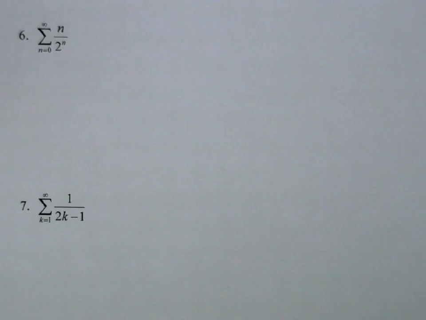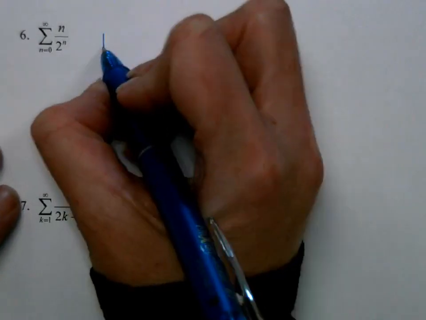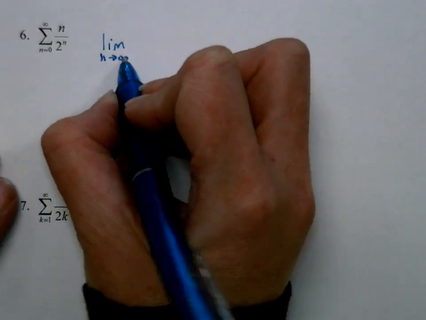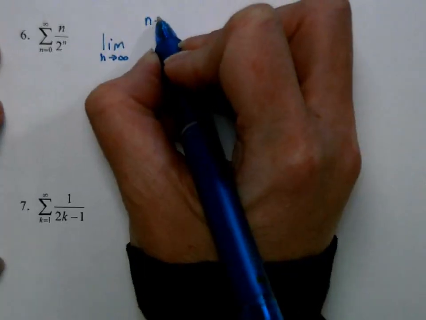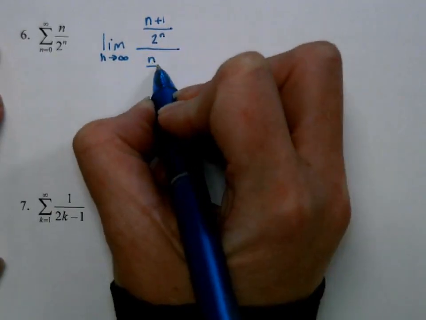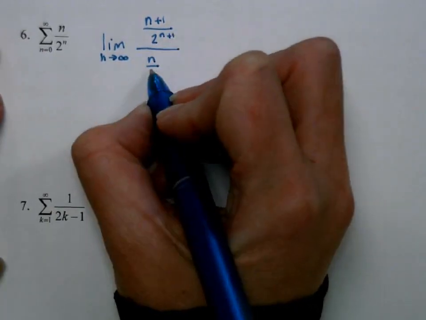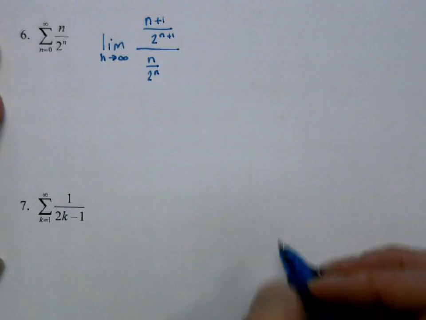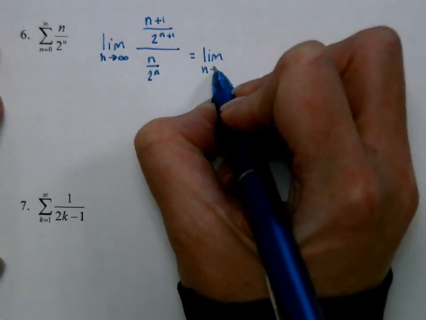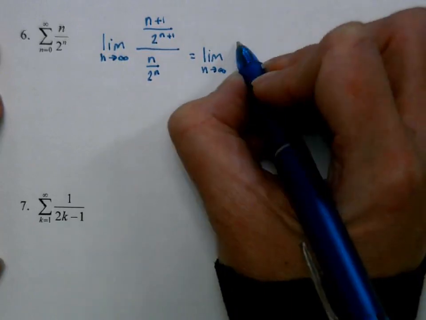So you might want to try this next example on your own, see what you come up with. I'm going to go ahead and just jump to the limit. So I'm going to have n plus 1 over 2 to the n over n, plus 1, 2 to the n. So I have n plus 1.